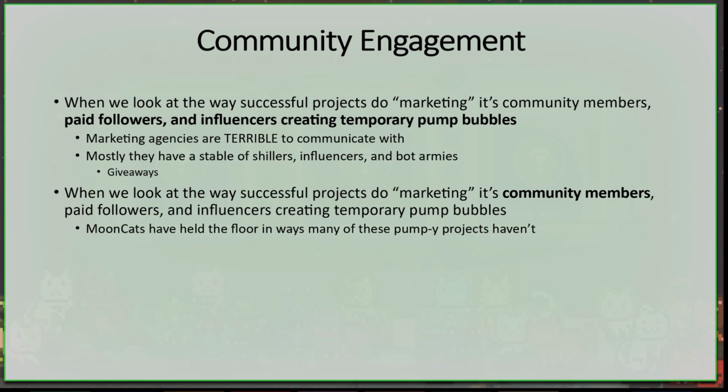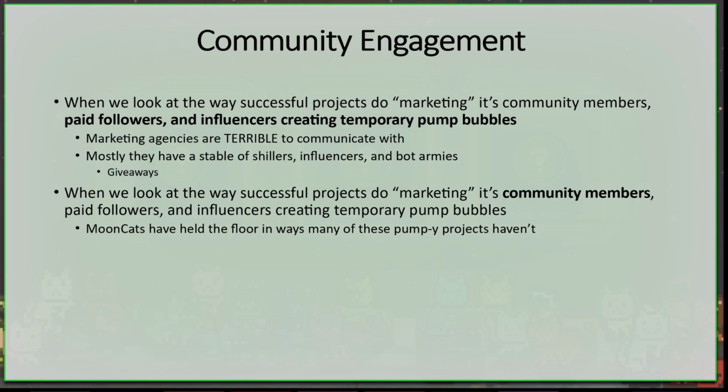So we continue to look at the way really successful projects do marketing, and overwhelmingly it's community members with some small amount of paid followers and influencers that create temporary pump bubbles. That being said, this is something I'm going to pound on a lot, and I'm sure some of you are very tired of me saying this: MoonCats are stable cats.